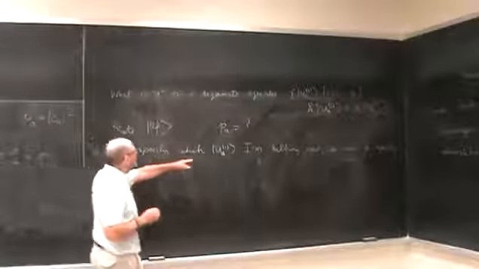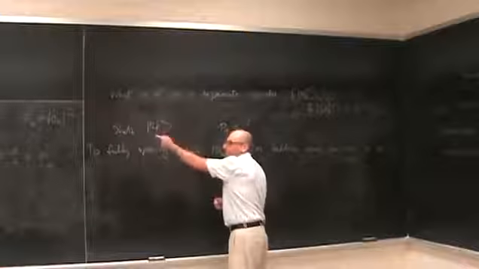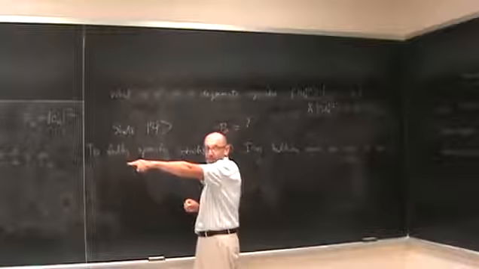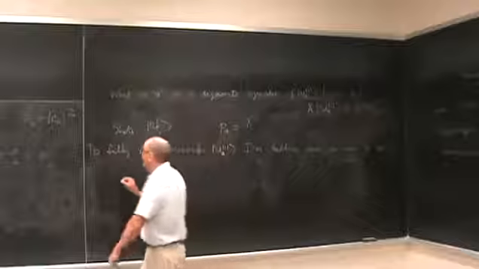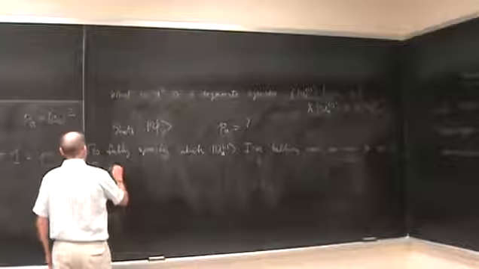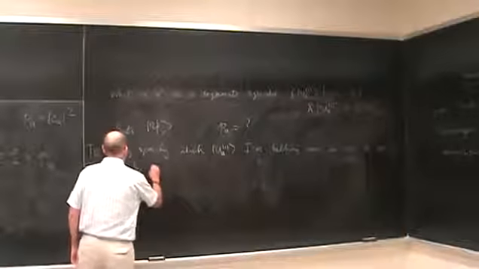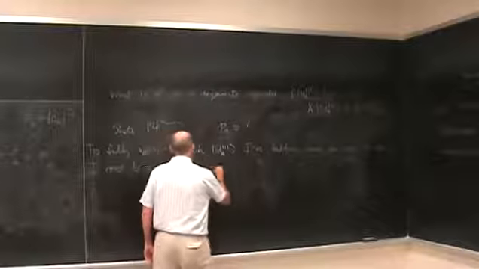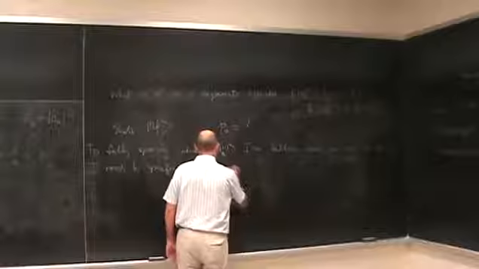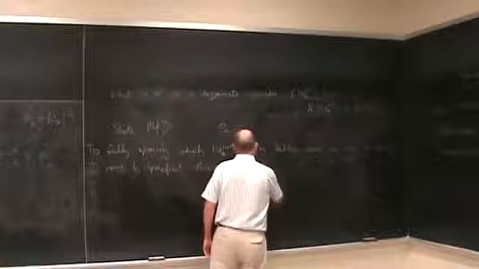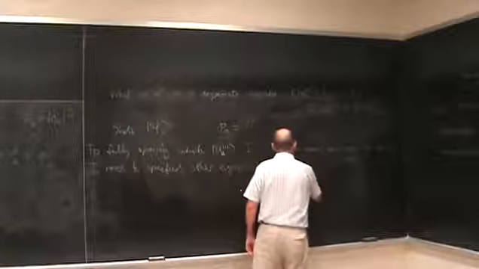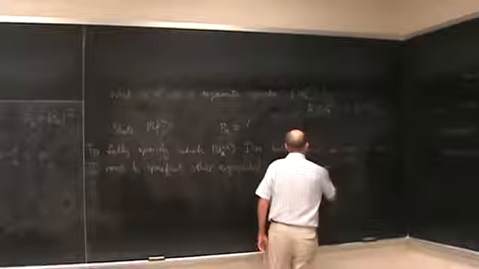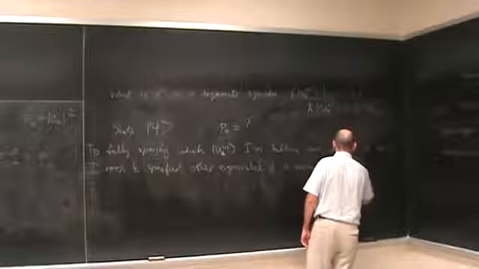So to specify which one of these guys I'm talking about, if I wanted to take that inner product according to the Born rule, I need to specify other eigenvalues of a mutually commuting set.